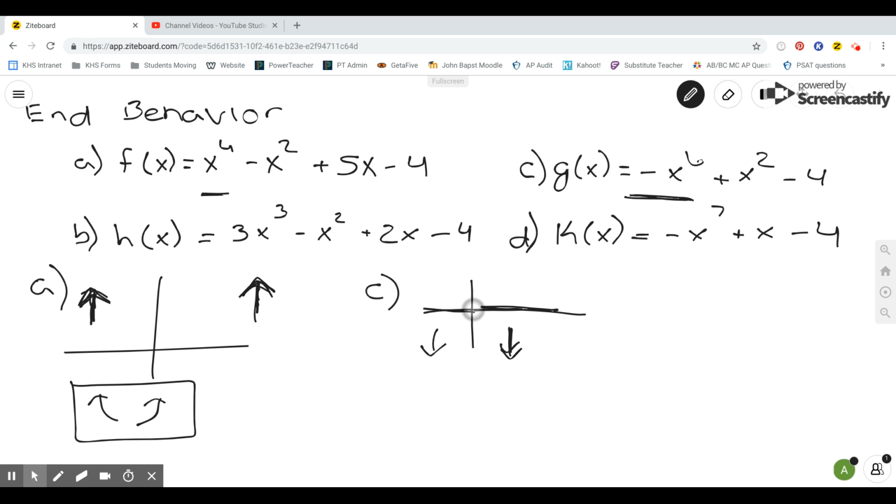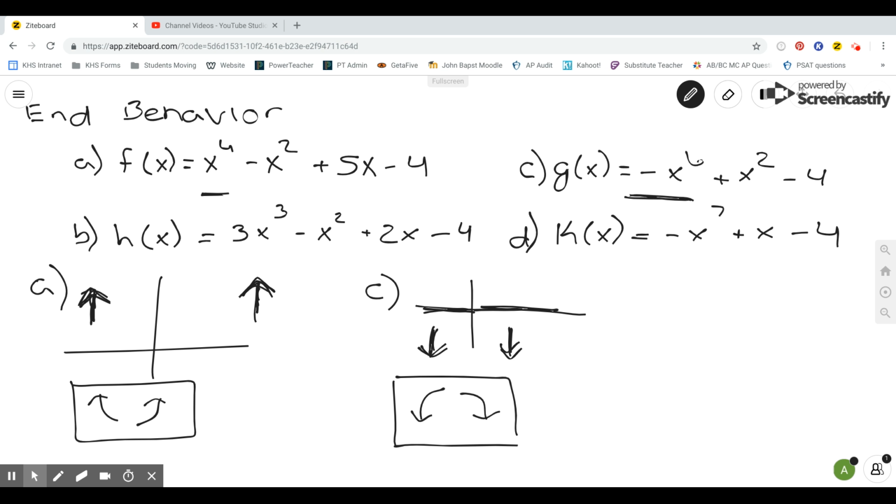And when x goes to negative infinity, your y goes to negative infinity. To describe this, you can draw this. You could describe it going to negative infinity for your y's. However you would like to do it, again, your textbook will give you the picture.